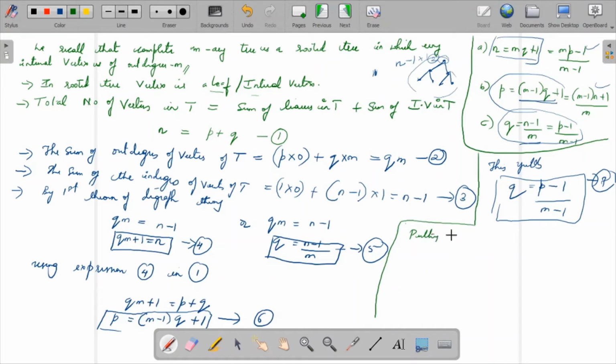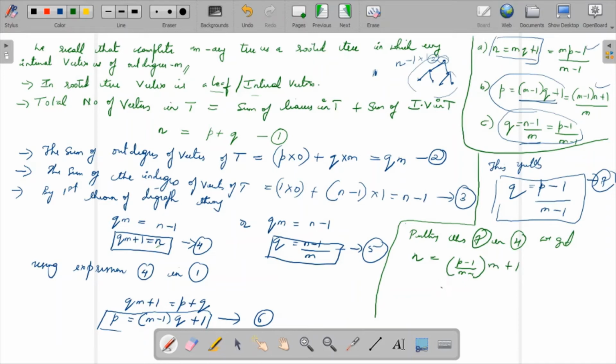Putting this 7 in 4, we get n is equal to, for q you put the value, p minus 1 divided by m minus 1, into m plus 1.